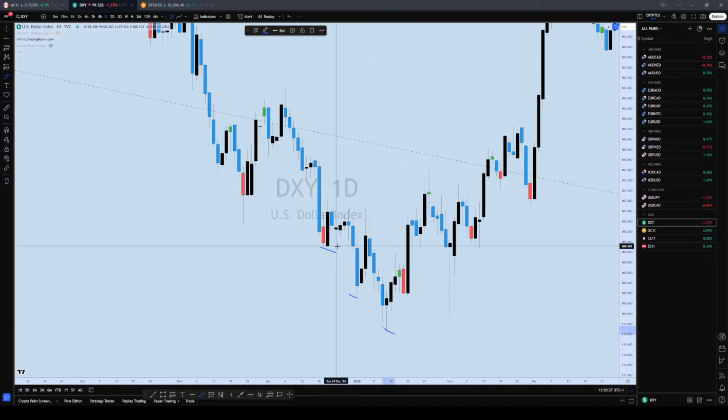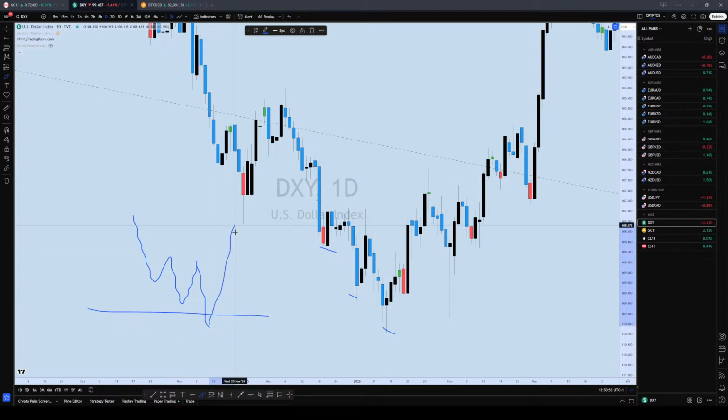So when price is coming to the area where you're expecting it to reverse, the quick move to the upside will happen for people to jump into that, and then they will come back down to that area, then reverse and go up. All right, so this move is what I'm talking about.